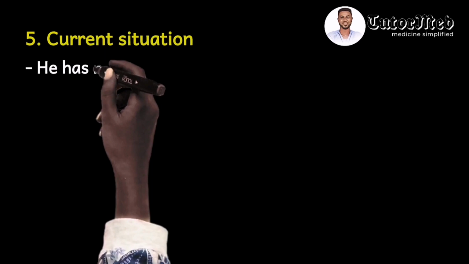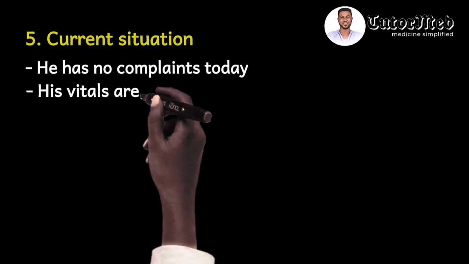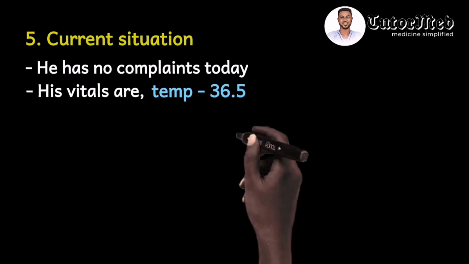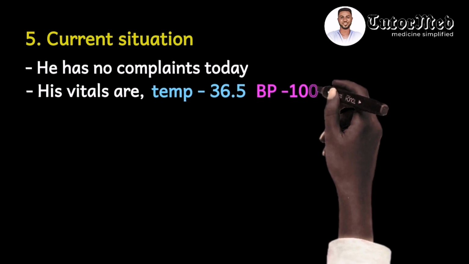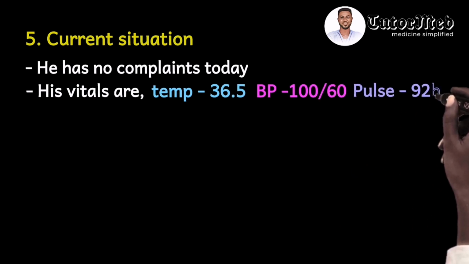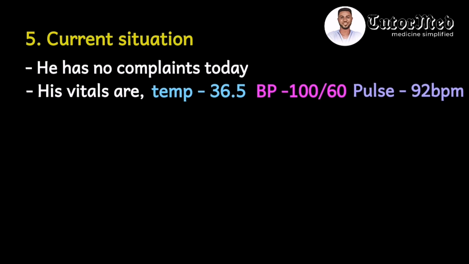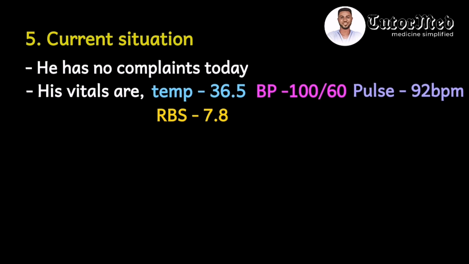Currently, he has no complaints today. His vitals are a temperature of 36.5 degrees Celsius, a BP of 100/60 millimeters of mercury, a pulse of 92 beats per minute, and then an RBS of 7.8 millimoles per liter.